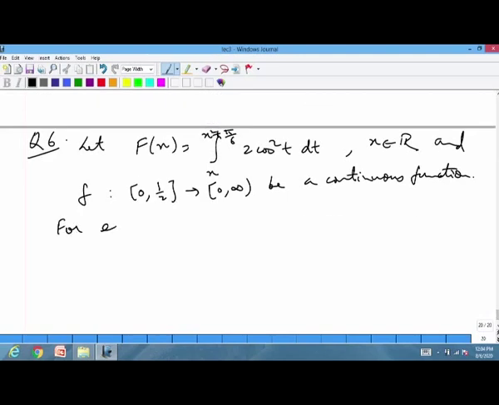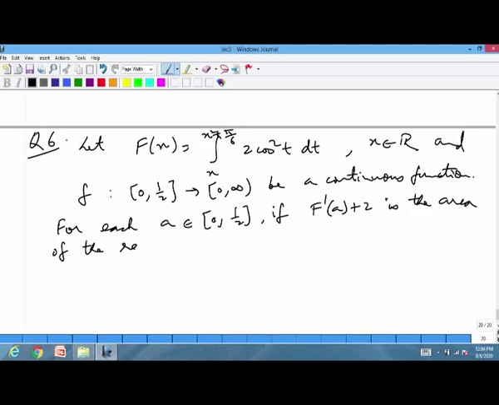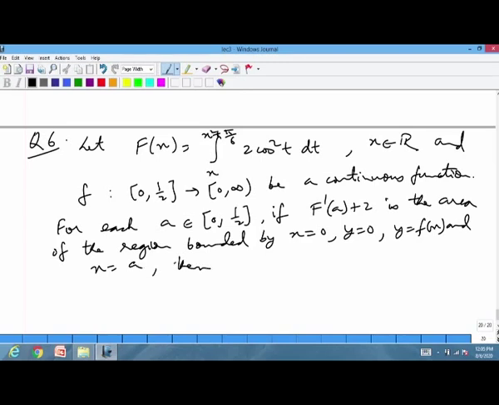For each a in 0 to half, if f prime a plus 2 is the area of the region bounded by x equal to 0, y equal to 0, y equal to f x and x equal to a, then find the value of f of 0.